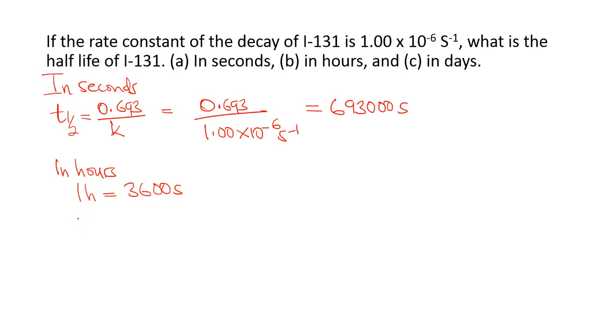In hours, you are going to have 693,000 seconds times 1 hour divided by 3600 seconds. So 693,000 divided by 3600 is 192.5 hours.